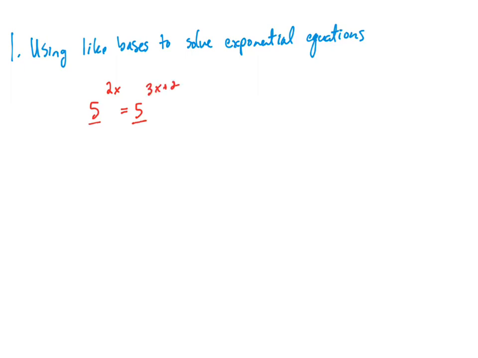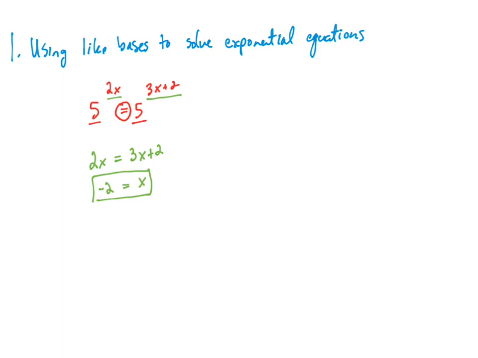Because these bases are the same and these two expressions are equal to each other, that means these exponents must also be equal to each other. So when the bases are the same like this, they're both 5, what we can do is simply set the exponents equal to each other and solve. So x would be equal to -2 here. Now that's about as easy as it gets.